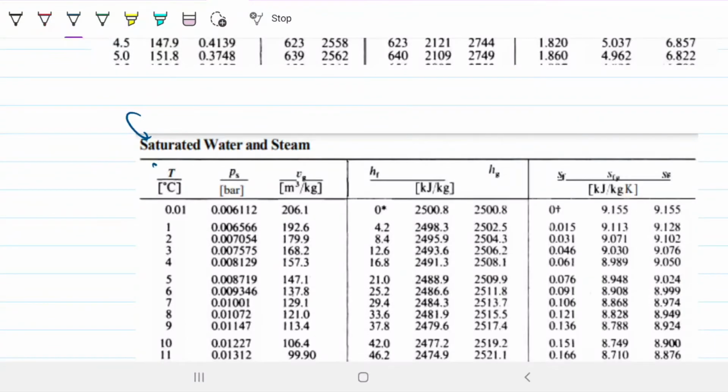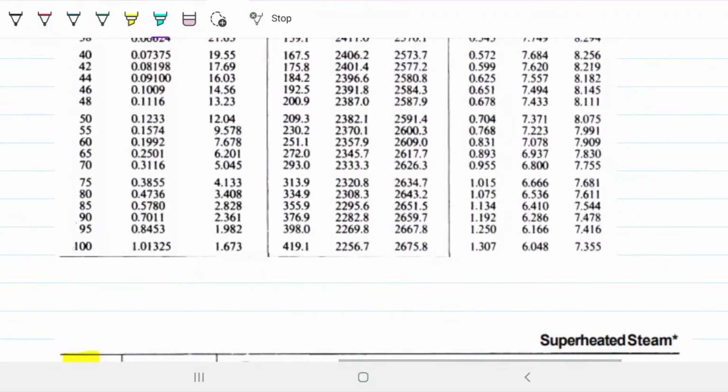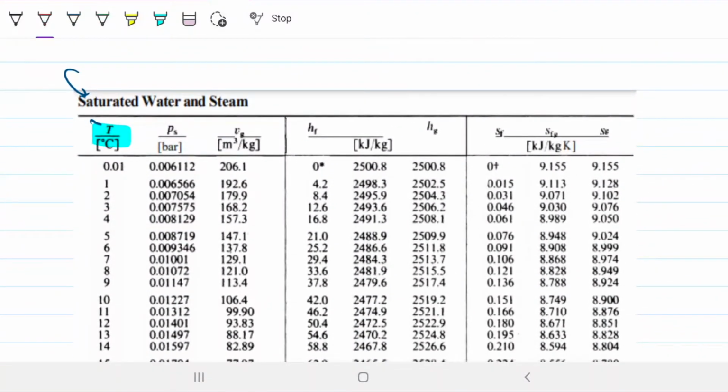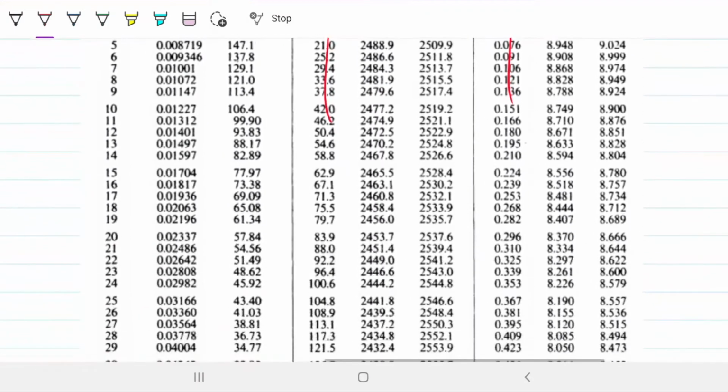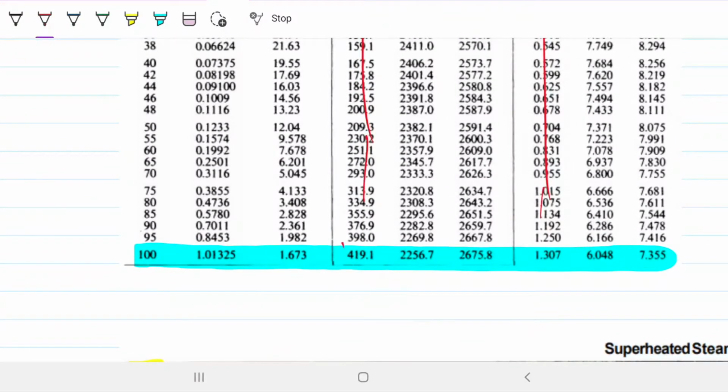Saturated, I'm looking for 100 Celsius. Because I'm looking for the saturated liquid, I'm looking for this column here and this column here for entropy. So this is my H2, and this is my entropy 2.